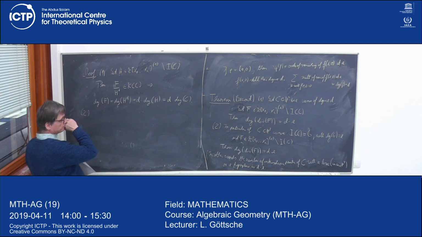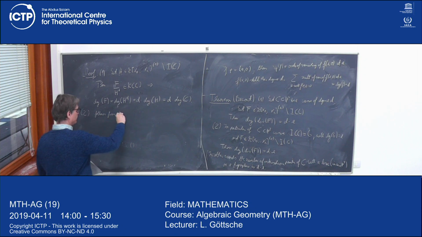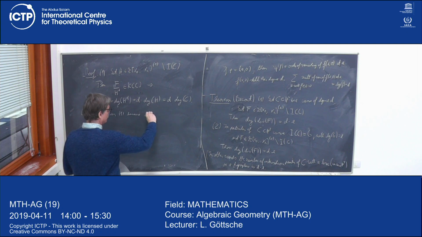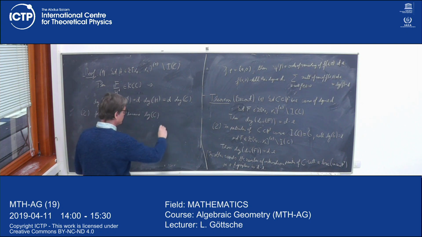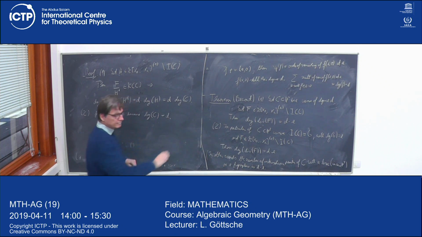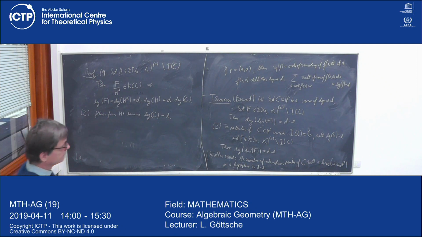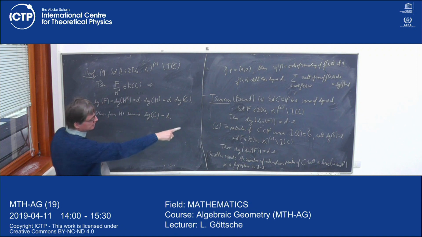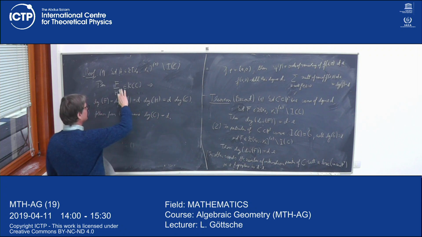So 2 follows from 1, because the degree of our curve C is, as you have seen, equal to the number D. Actually, there I called the degree of this thing E, so maybe I should do it correctly.